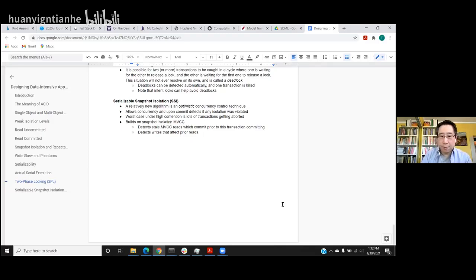And then it uses this algorithm that says, I will be able to detect if you did a stale read and then followed by some kind of write activity that then potentially could cause a race condition. Or it's going to say, I can detect if this transaction does a write that then affects prior reads that happened on other transactions, on other threads.